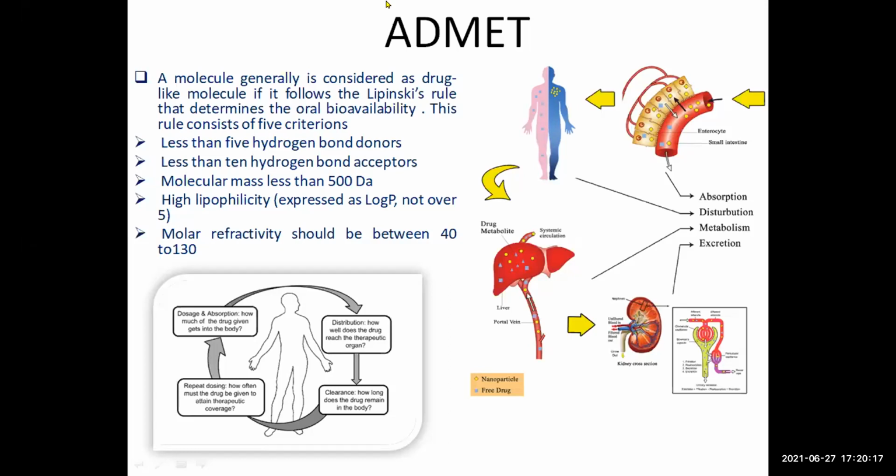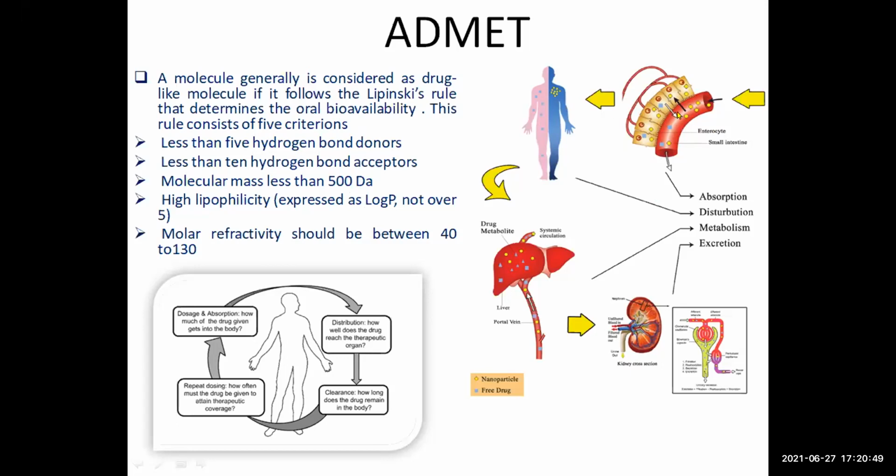For example, the ligand molecule should have less than 5 hydrogen bond donors or less than 10 hydrogen bond acceptors, and the molecular mass or molecular weight should be less than 500 Dalton, and the lipophilicity value should not exceed 5, or even the molar refractivity value should be between 40 to 130. So these are all the things we use to check the drug likeness of any particular ligand molecule.